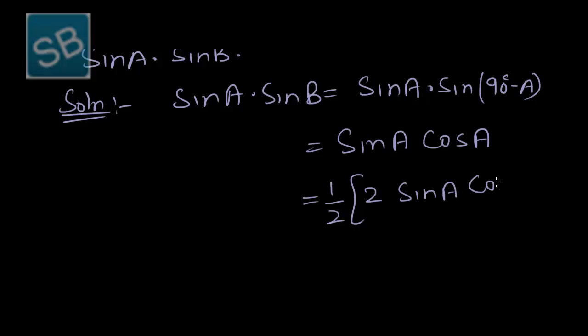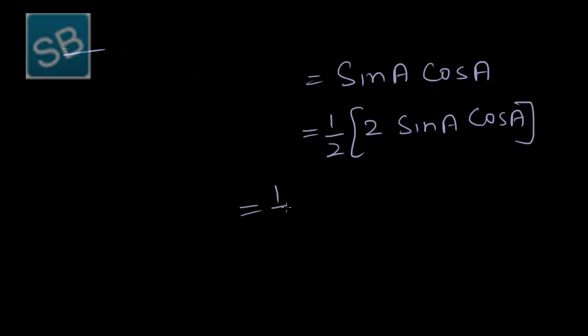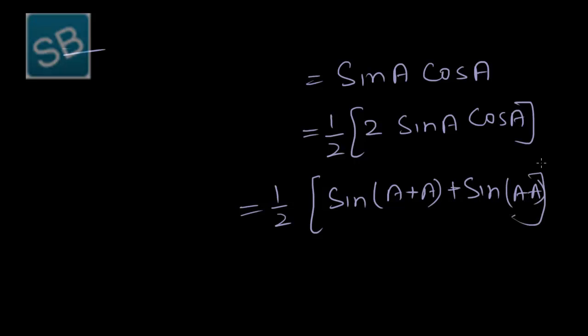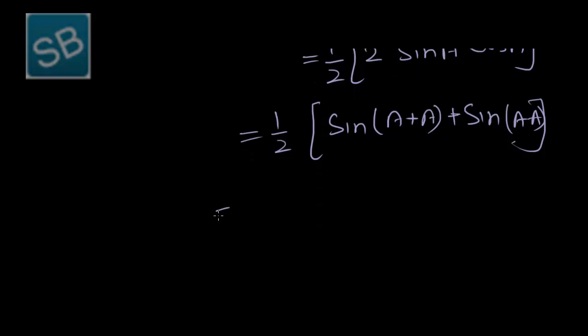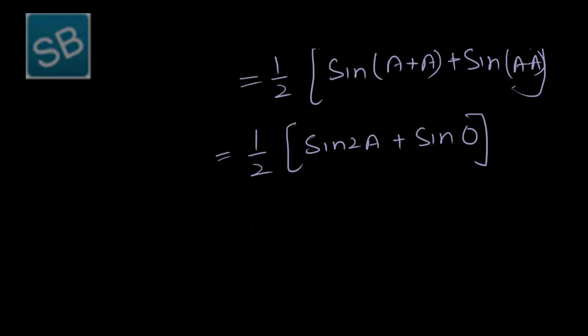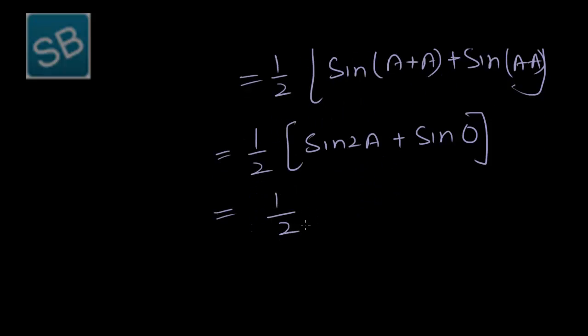So it is 2 sin A cos A. So we get sin of A plus B plus sin of A minus B. So we get here sin 2A plus sin 0. Sin 0 is 0. So we get half sin 2A.